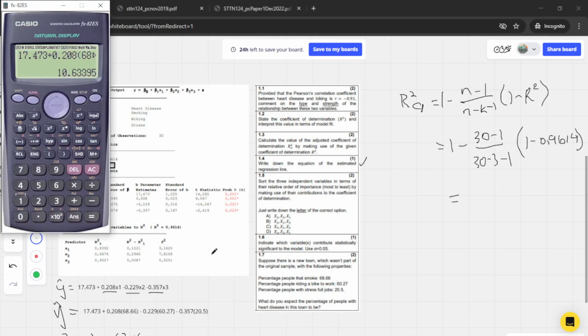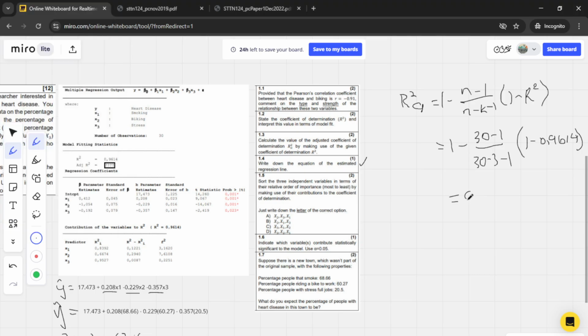We're going to say 1 minus, and then we make our fraction 30 minus 1 over 30 minus 3 minus 1, open bracket 1 minus 0.9614. So this is equal to 0.9569. So that is how you calculate your adjusted coefficient of determination.